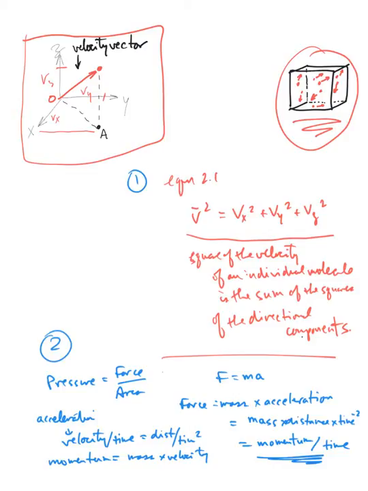Let's see, I don't think I have enough room here. Momentum over time. Okay, so if we make as simple an example as possible, the collision of the particle with the wall is going to result in a change in momentum.